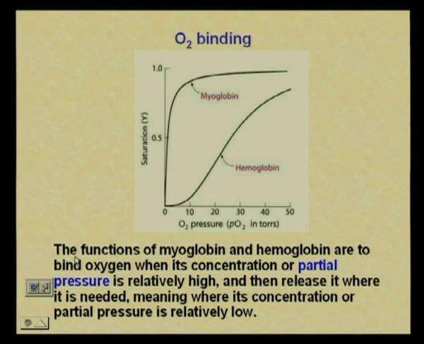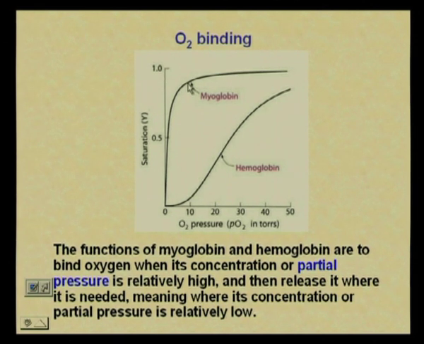Okay. So, the functions of myoglobin and hemoglobin are to bind oxygen when its concentration or partial pressure is relatively high and release it when it is required. Okay. It can't just keep on binding tightly to it, because otherwise you won't get the oxygen where you need it. Okay. So, where the partial pressure is low, it is going to release it.